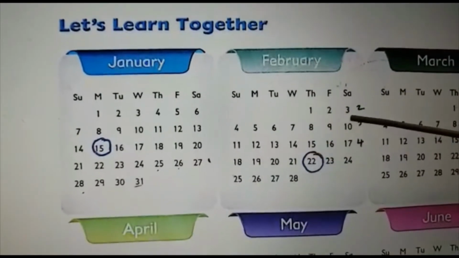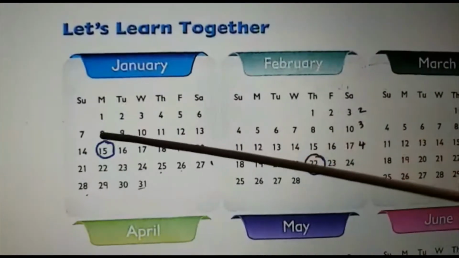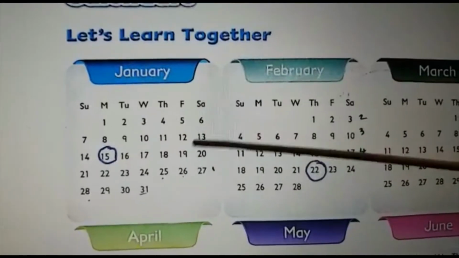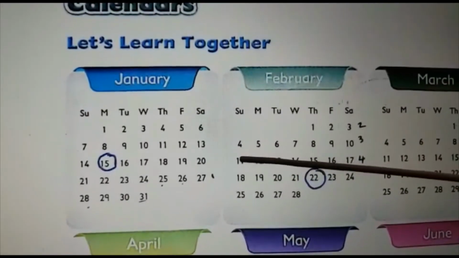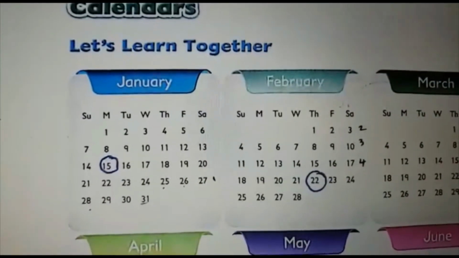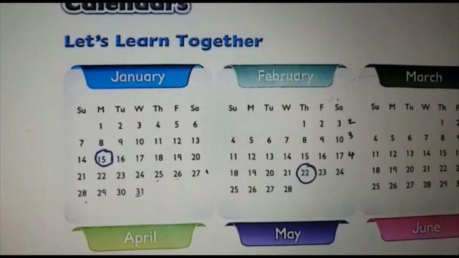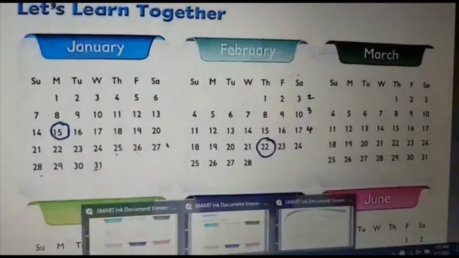Then 4 full weeks we can see first. Then here how many days? It starts on 8th, is it? So 1, 2, 3, 4, 5, 6 days. And the holiday starts on 12th. So here one more day is there. So 4 weeks and 7 days. Again 7 days means again one more week, is it? So in total how many weeks are there? There are 5 weeks. Okay. Is it clear for you?